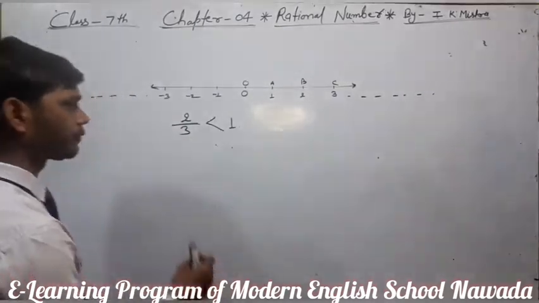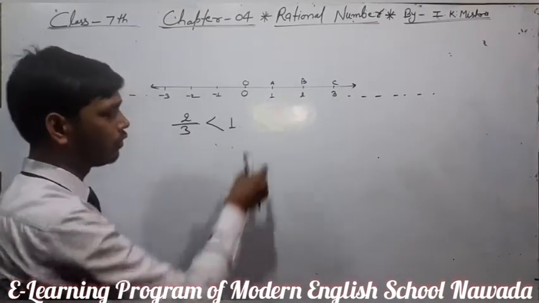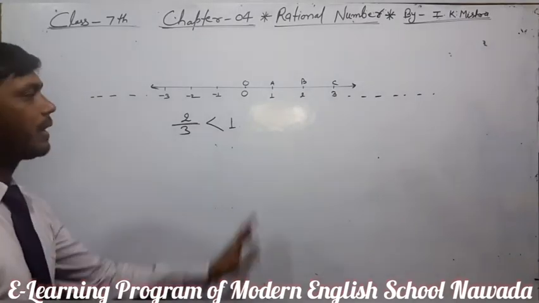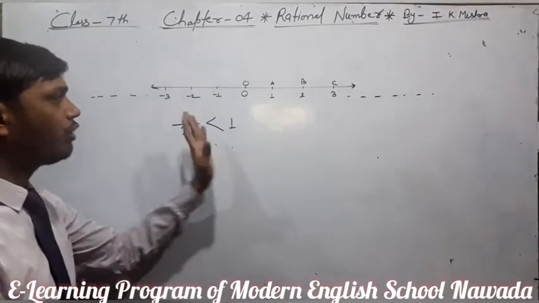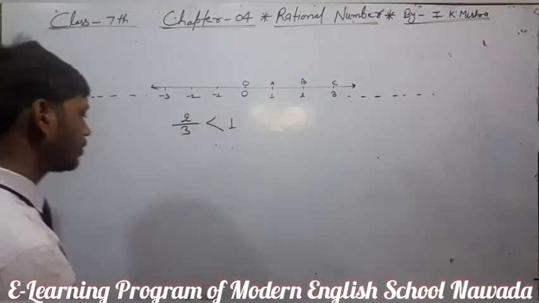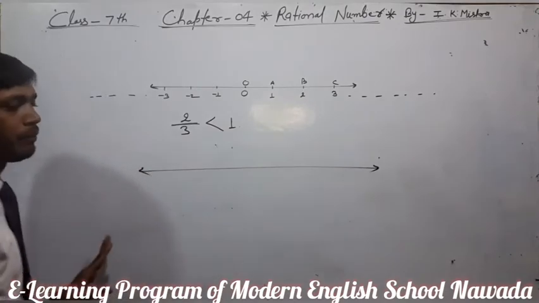First of all, divide the length from 0 to 1 into 3 equal parts. Its denominator is 3, so you have to divide it into 3 parts. Suppose we have to represent it on a number line. First of all, draw a line.